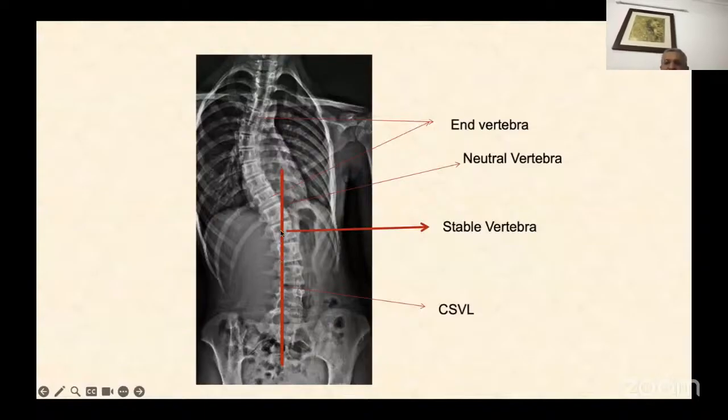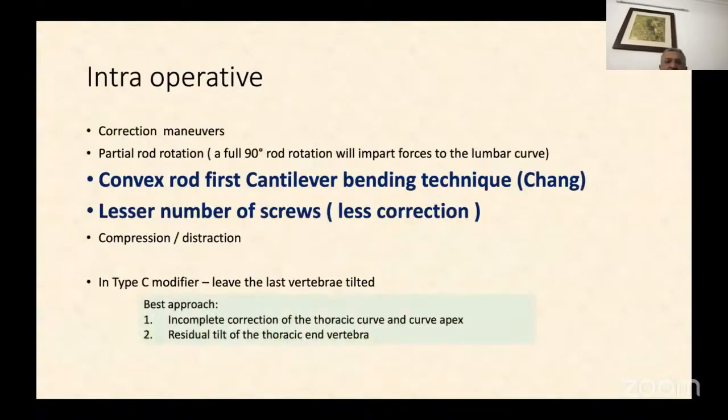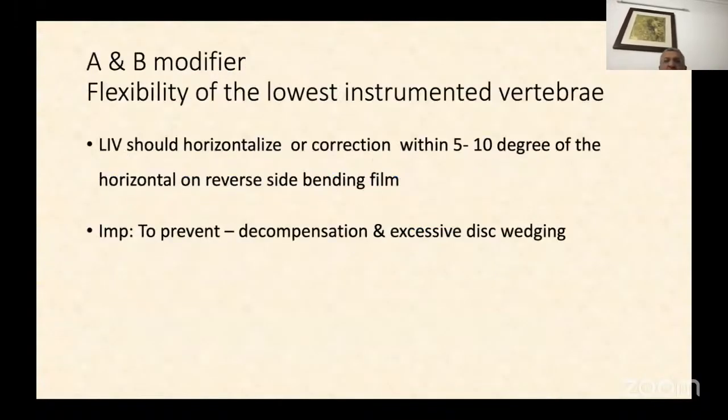But if you are going to the stable vertebra, which is already into the lumbar curve, it is always safer to do an undercorrection rather than a maximum degree of correction, number one. Number two, it is also important to leave some degree of residual tilt of the L1 vertebra. And that's what I would prefer.